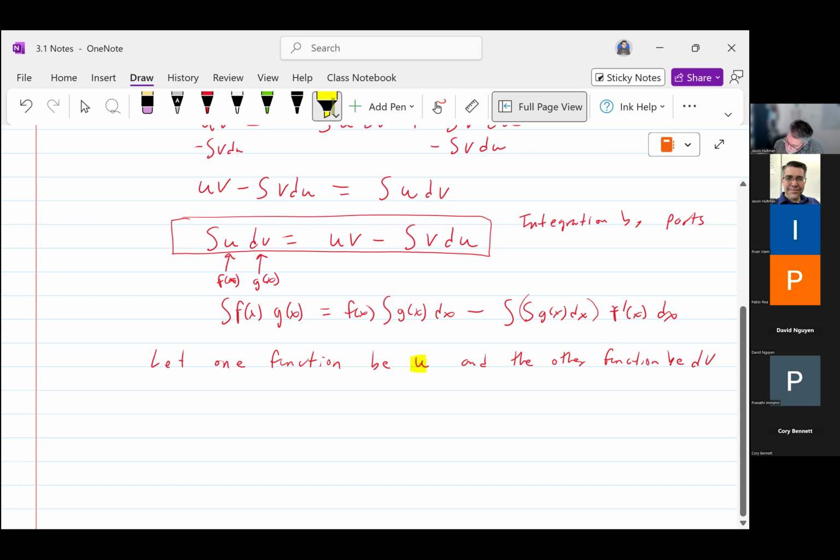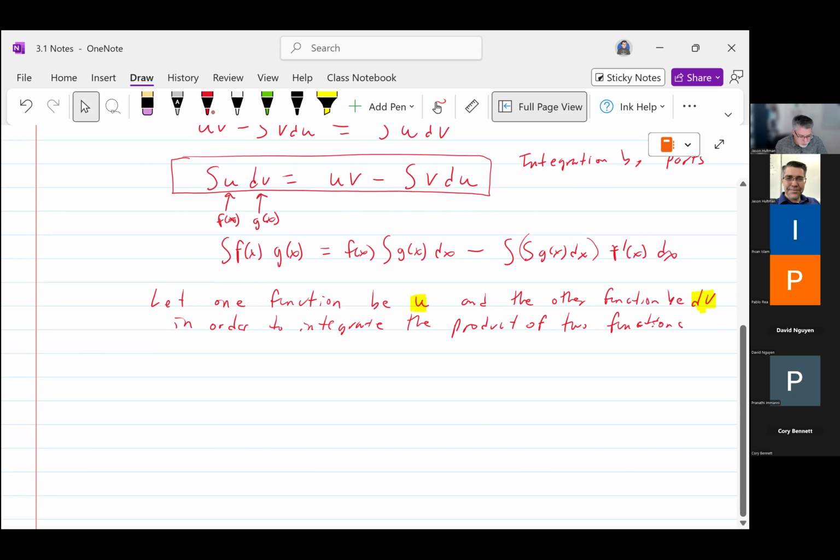When we integrate the product of two functions, we did a little bit of calculus manipulation. Let's see how this works in practice.